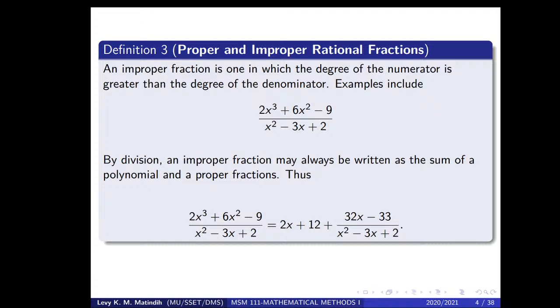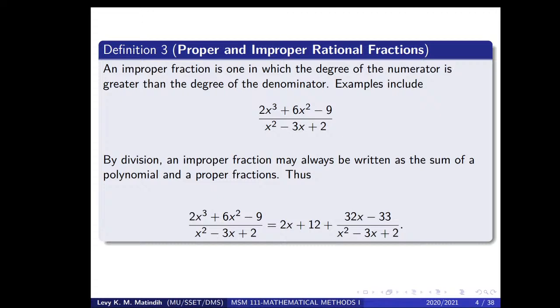Now, every time we have an improper rational fraction, or rather an improper rational function, it can be divided. You can divide this using long division, or synthetic division, whichever method you can think of. So there are 2 ways we can do this. When you divide them, you can always get a quotient and a remainder.